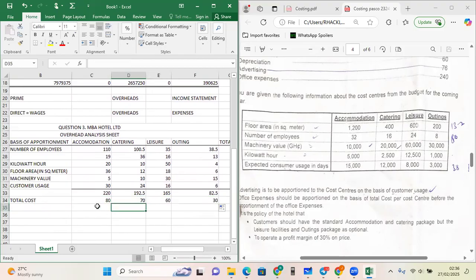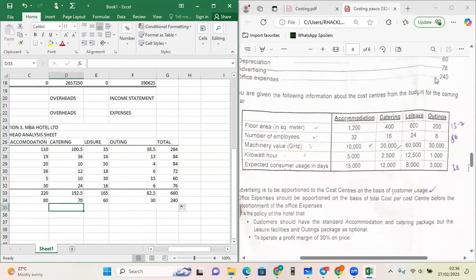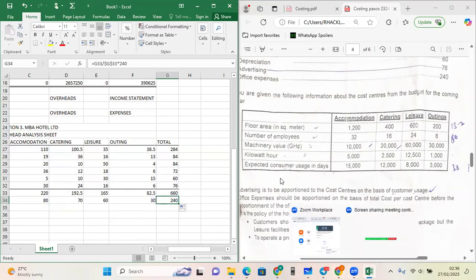So that's it. We take 220 all over the total, then multiply by the office expenses. So that's what has been done, all of it. And this is just the total, as we can see. So now we can complete our real total cost.